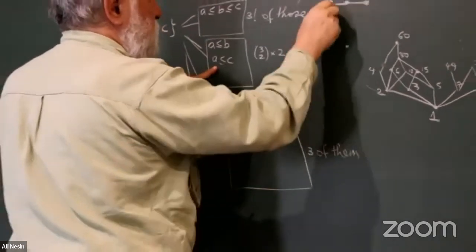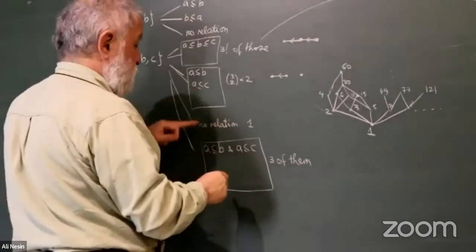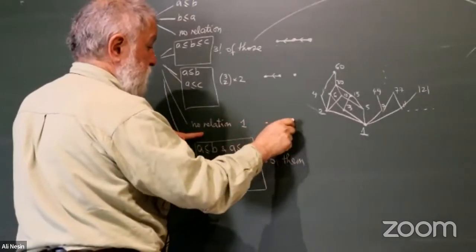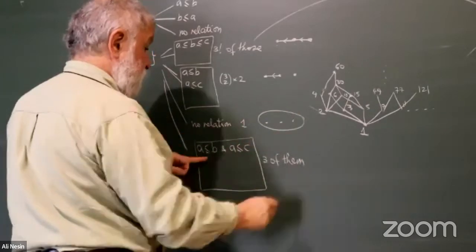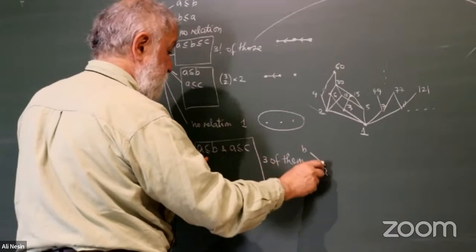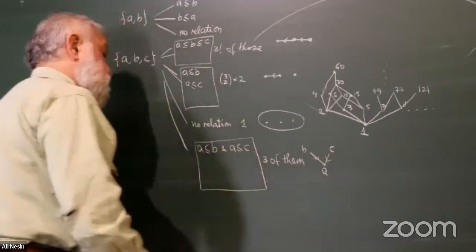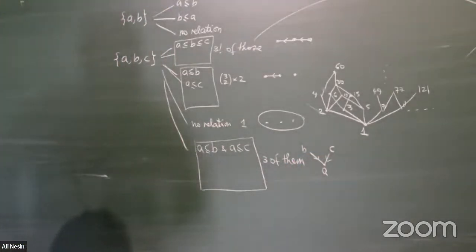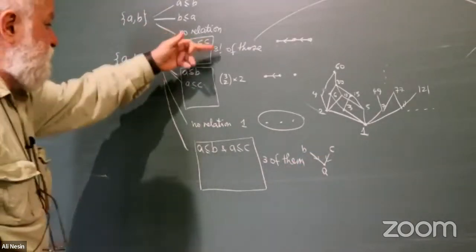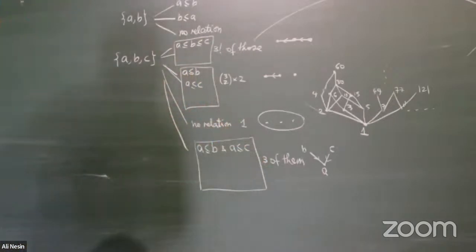Don't compare this. And this is of this type. Nothing can be done. So you have 6, 12, 13, 16 of them.